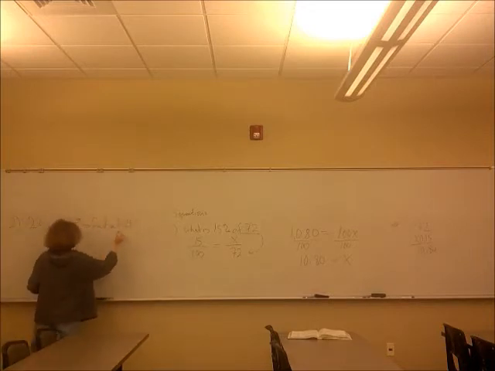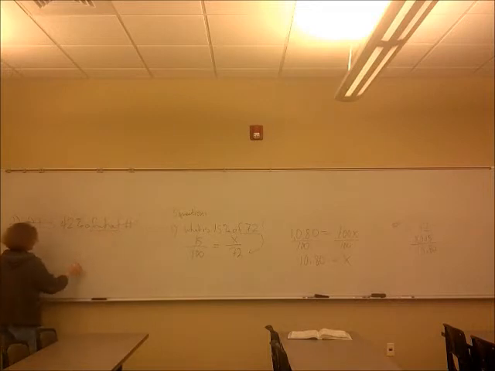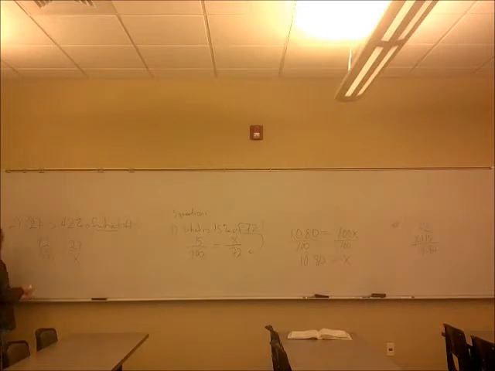The next one reads something like 27 is 42% of what number? So we've got our percent, 42, and we stick it over 100. Of what number? We don't know. So the x this time has to go on bottom. And the number left over is the part, which is 27, so it goes on top. So we're going to cross multiply.